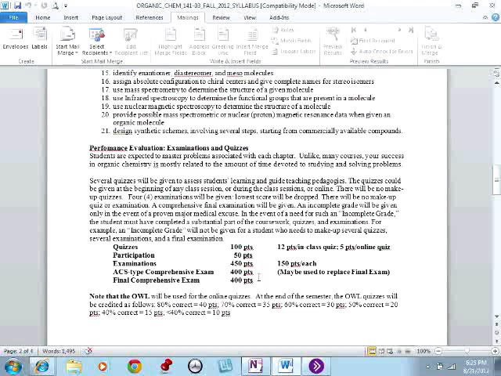At the end of the semester, there will be two types of comprehensive exams. One I call the ACS type comprehensive exam, which is on the same day that you have the departmental exam across the campus. It is 400 points.